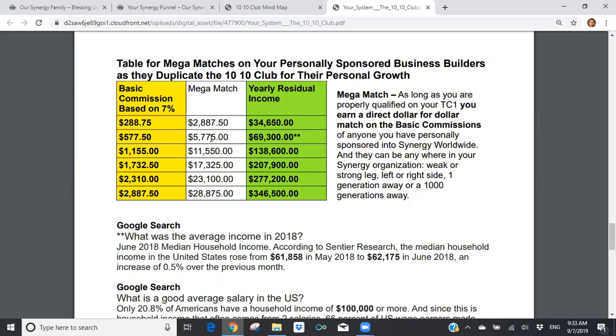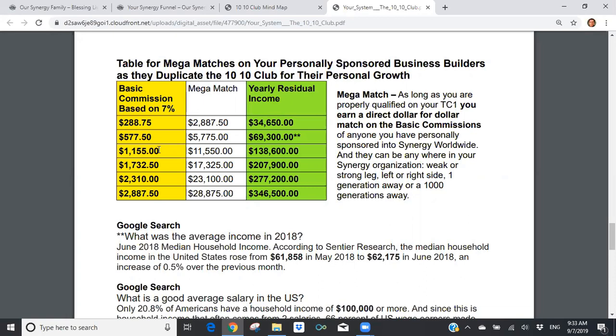And how do you grow? By investing in the people that you've personally sponsored to help them put into place a systematic process to grow their Synergy business called the 10-10 Club, to help them get their 10 customers or more, to create their cash flow, and then help them attract other business builders and replicate the same thing.